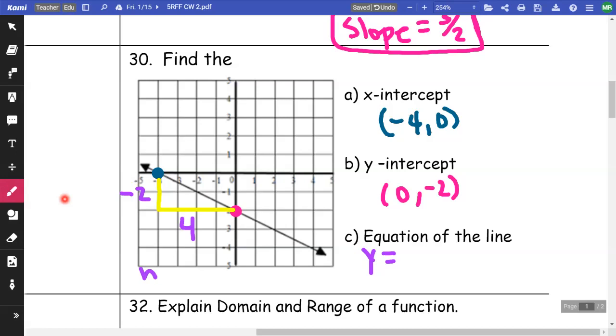So my slope is going to be -2 over 4, or -1/2. So over here, I'm going to write y equals -1/2 x, and then my y-intercept is my b, so I'm going to put that right here, -2, and that's my equation.